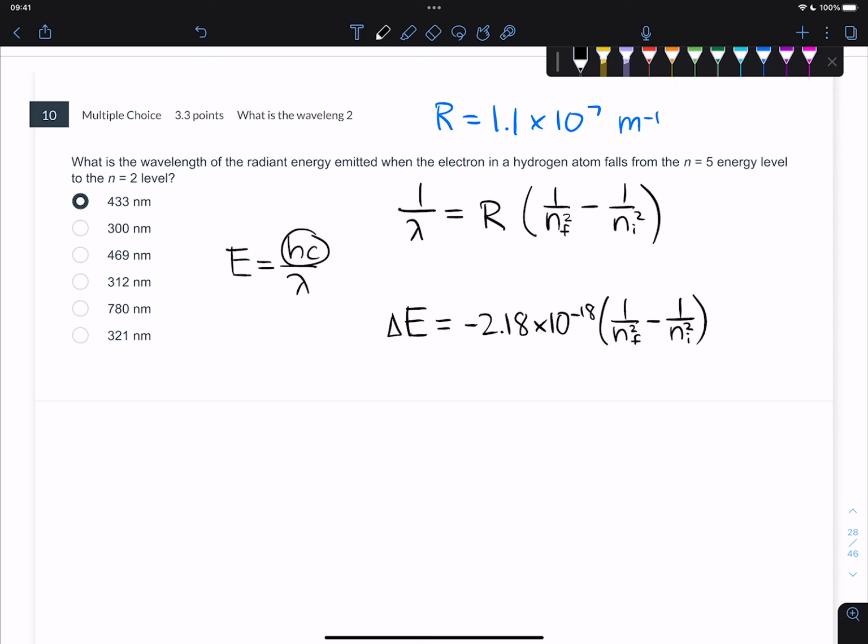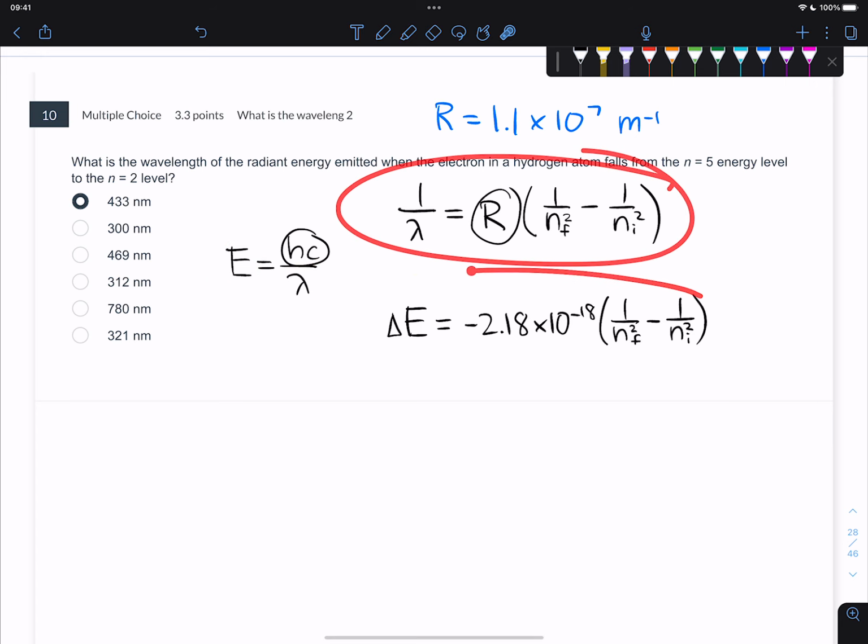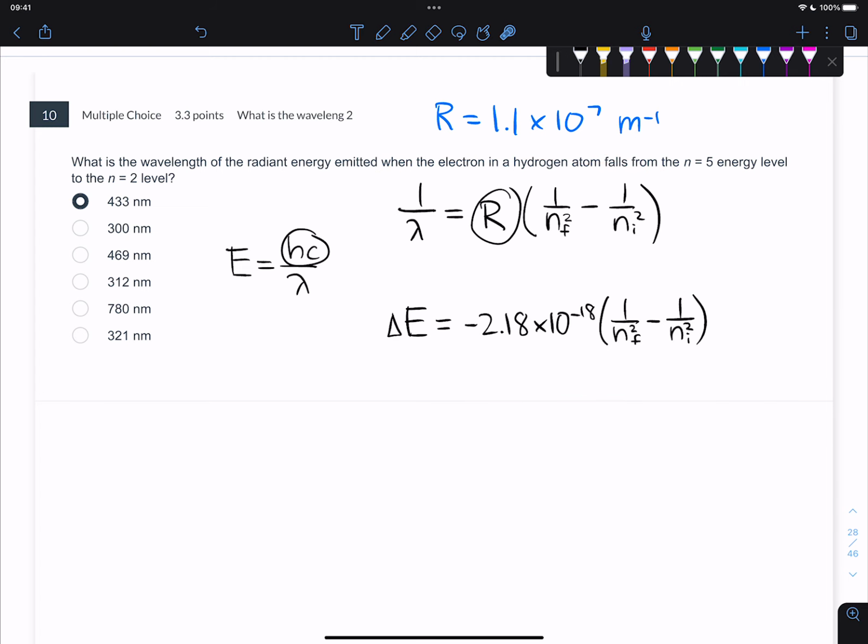So the three things that I have circled here, R, H, and C, the way that the math works out, R is a constant, H is a constant, C is a constant. E and lambda are variables, and with algebra, you can actually see the relationship between this equation and that equation, but we don't need to look into that right now.